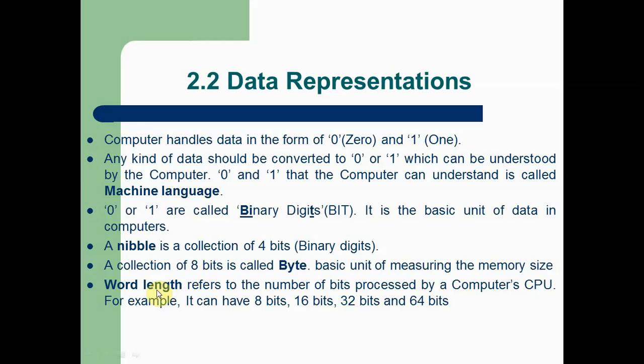This processing capacity of any computer is known as word length. It can be 8 bits, 16, 32, or 64. So we can see that there are different types of processors and different types of OS which work on word length.